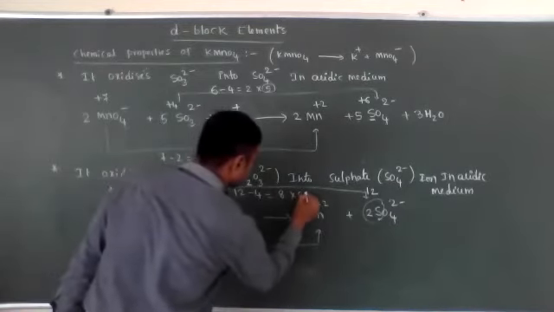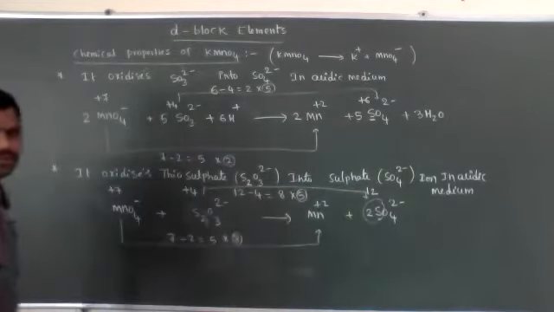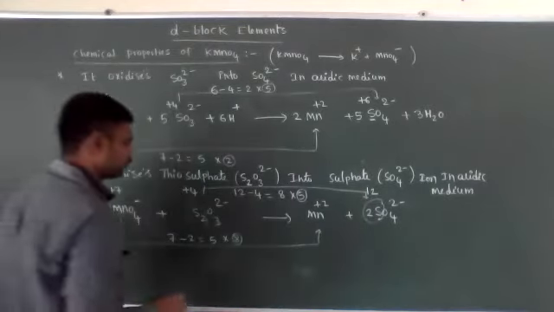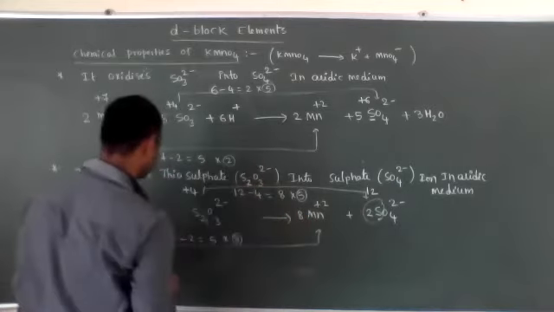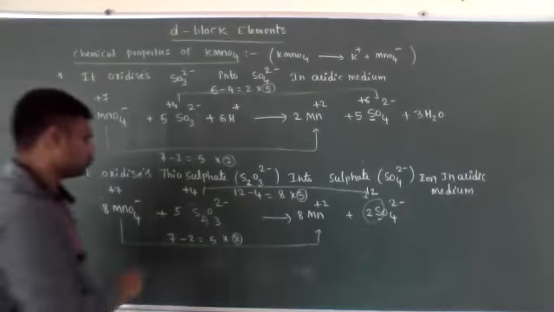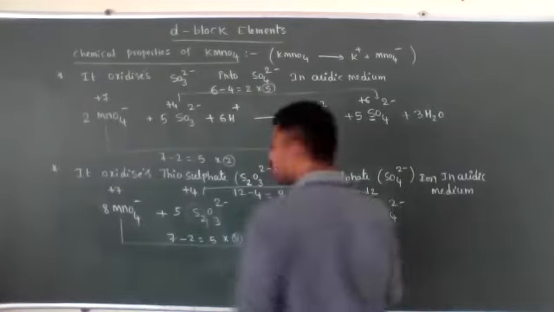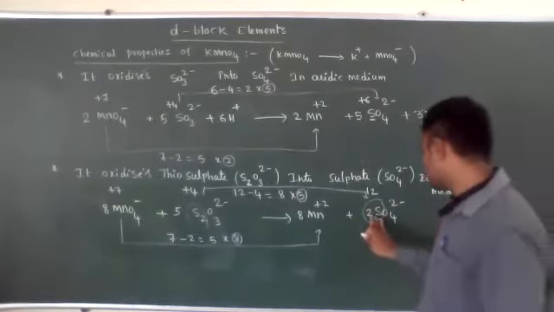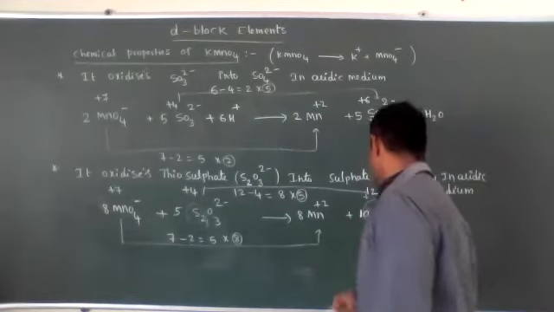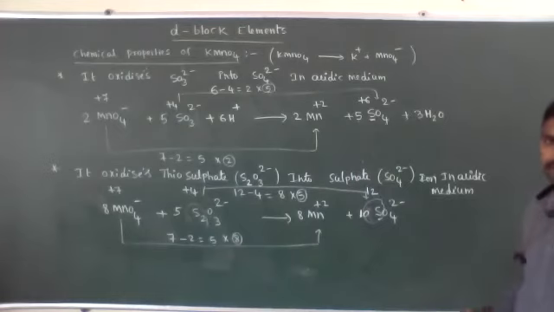This equation we need to multiply with 5. Now 8 MnO4 minus produce 8 Mn plus 2, and 5 moles of thiosulfate ions produce 5 times 2, which is equal to 10 sulfate ions.